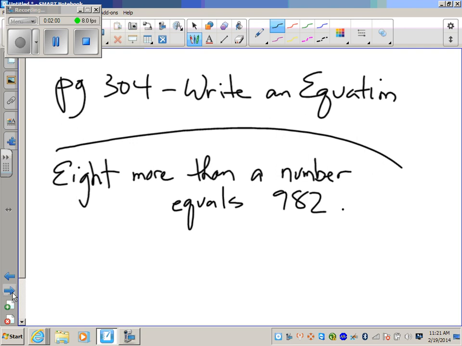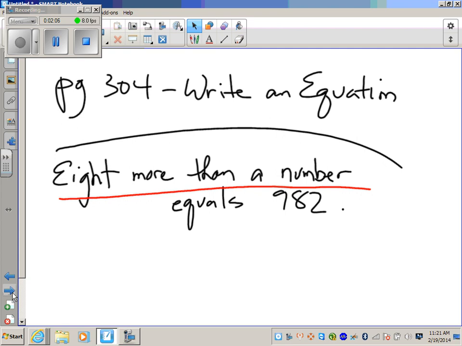Now, what part of this did we see yesterday and today? This first part right here. How do I show 8 more than a number? Add. Give me the whole thing. Close.